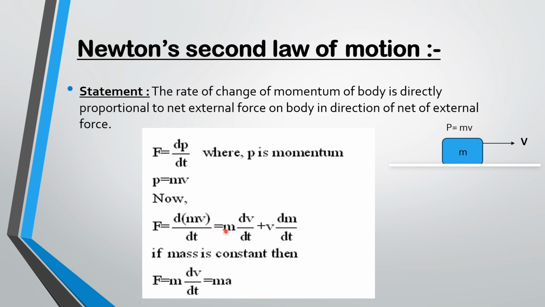If the mass is constant, then dv/dt, the rate of change of velocity with respect to time, is the acceleration a, so we substitute a.